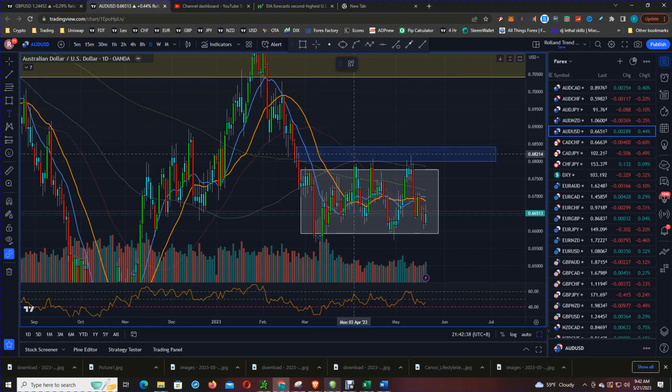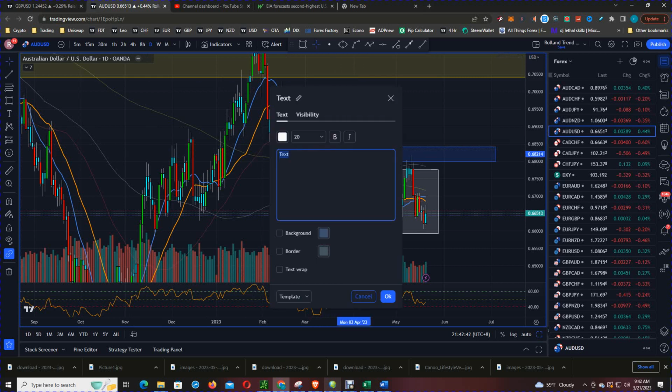We had daily supply at the 0.68200 level.